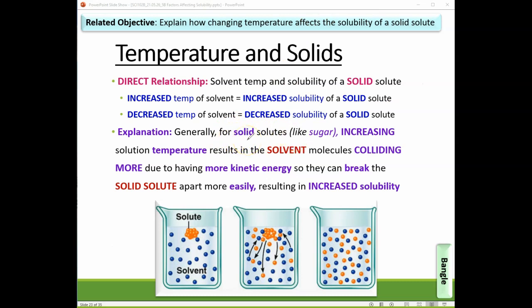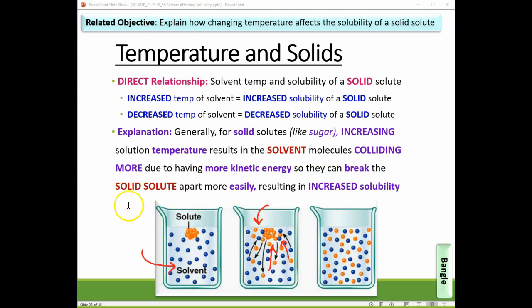So for solid solutes like sugar, sugar is a solid, as you increase the temperature of the solution overall, this means that these solvent molecules, the things that are doing the dissolving, have more energy. And so they actually begin to collide a lot more with our solute right here. And as they collide a lot more, because they have more kinetic energy, they can actually break that solid solute apart more easily.